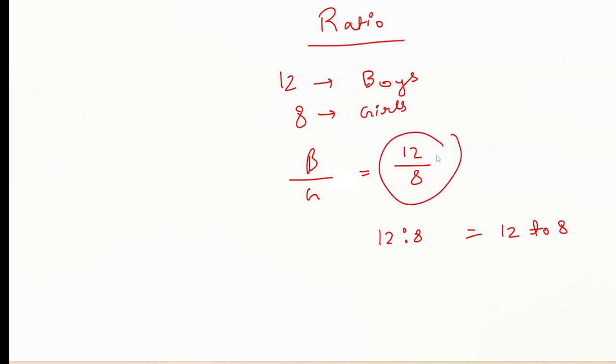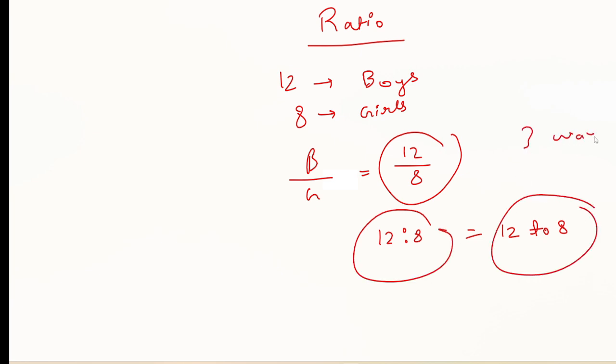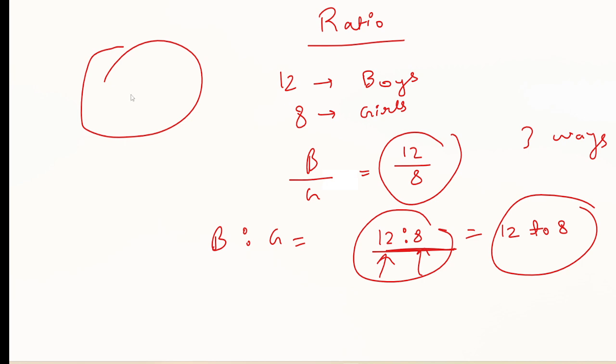We can write it in fractional form like this or like this. There are three ways. Okay. So here we are comparing, and with this we have an idea that boys to girls ratio is 12 to 8. That means boys are more than girls, right? Or like in every 12 boys there are 8 girls. This is what it means.